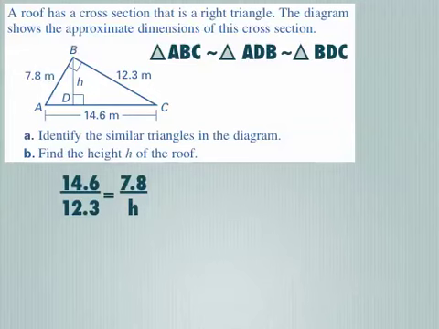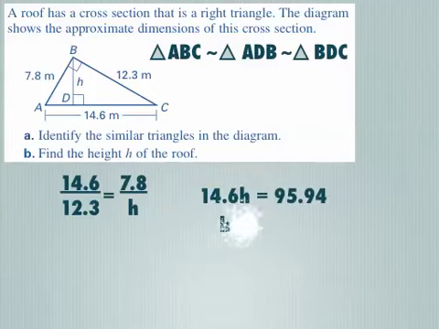And then I'm using triangle ABD, and I'm going to say 7.8 is the hypotenuse, so it's on top just like 14.6 was on top, and then equals h because that would be the length of the longer leg in that smaller triangle. Once you've set up your proportion, go ahead and cross multiply. We need to divide by 14.6, and we get h would be 6.6 meters.